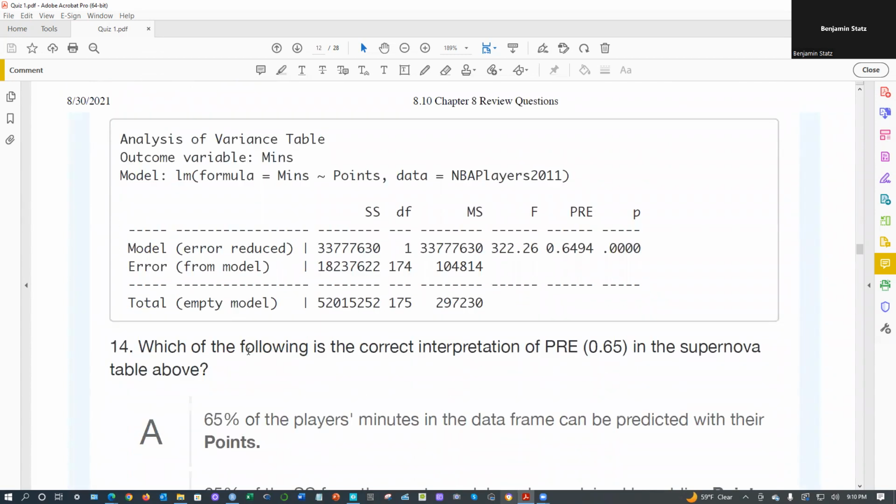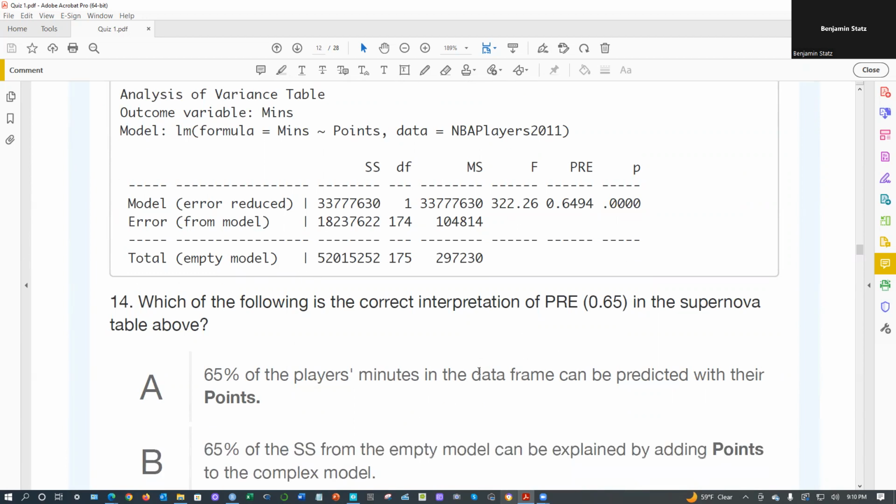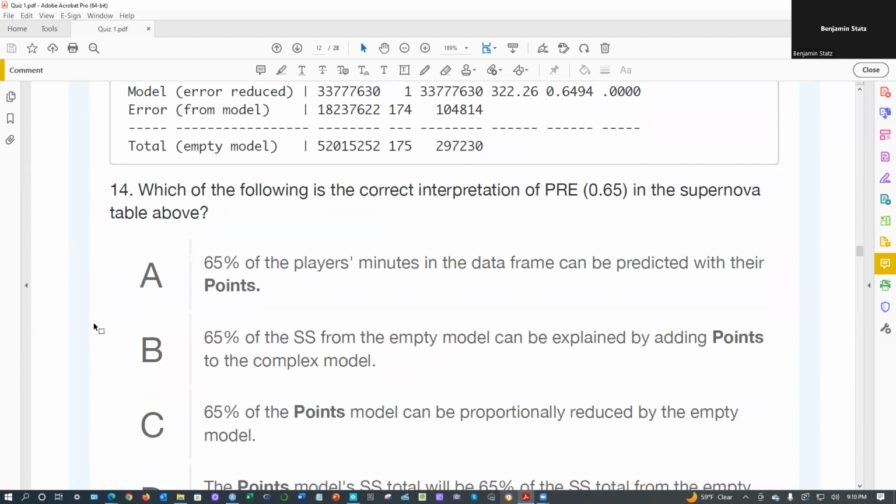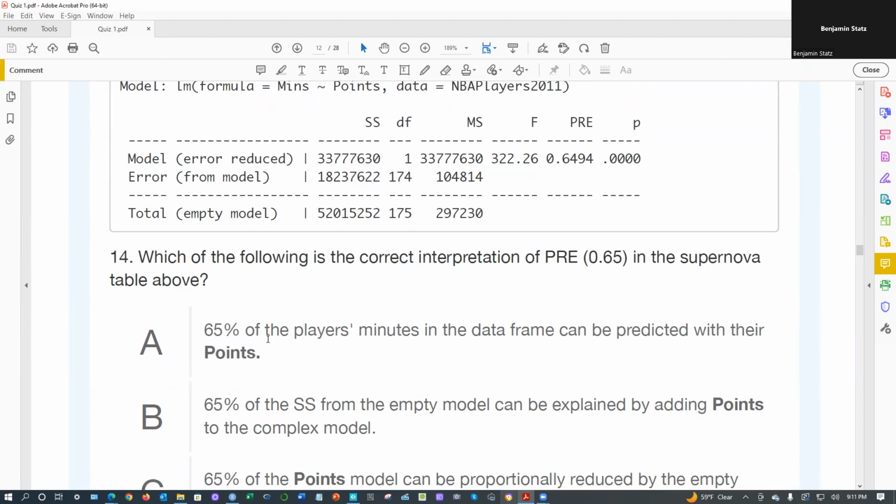Which of the following is the correct interpretation for PRE 0.65 in the supernova table? 65% of the sum of squared error from the empty model can be explained by adding points to the complex model.